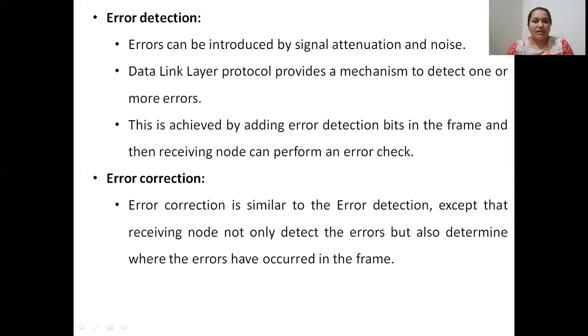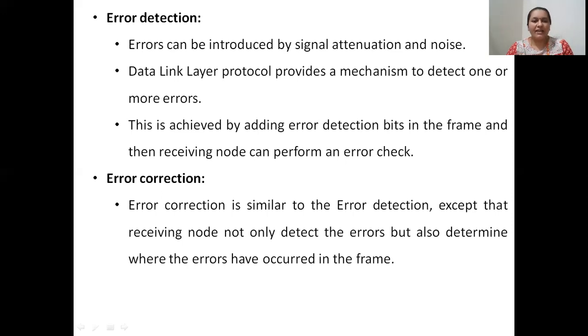Whenever signal attenuation or noise occurs during transmission, there are chances of bits being changed, a zero becoming one or one becoming zero. The data link layer provides mechanisms to detect any such errors which would have occurred during transmission.